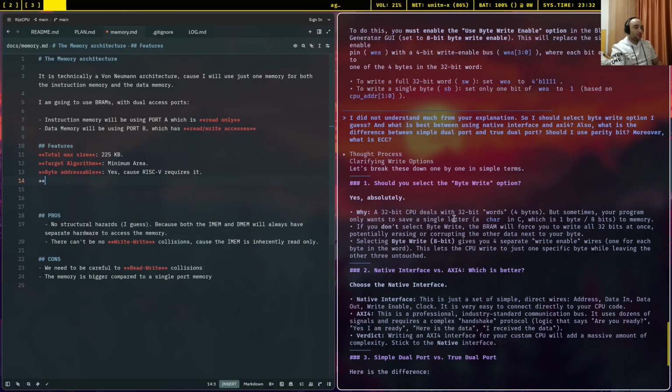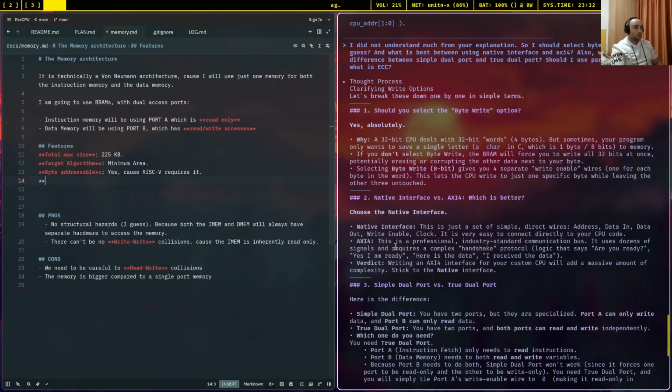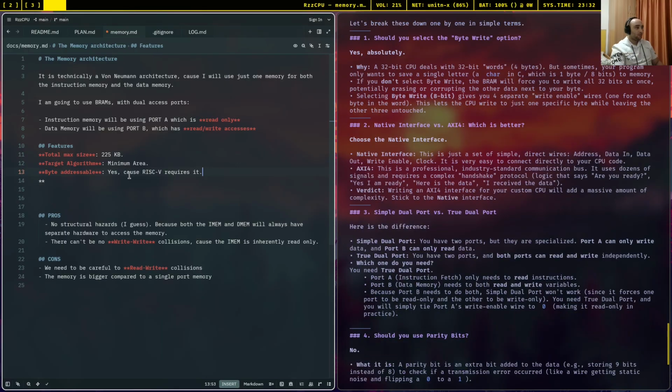Should you select the byte write option? Yes. Okay, so byte addressable, yes. No, it's not byte addressable, but single byte writable, I guess.